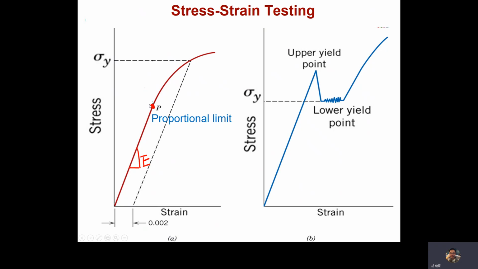So beyond this proportional limit, what's going to happen? That means a certain plastic deformation occurs, and we define a strength. We plot a 0.2% offset line parallel with the elastic region, and we can figure out a point called the yield stress.